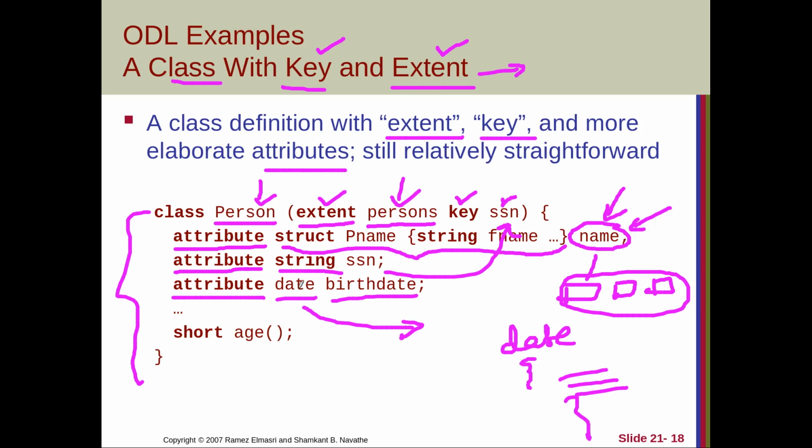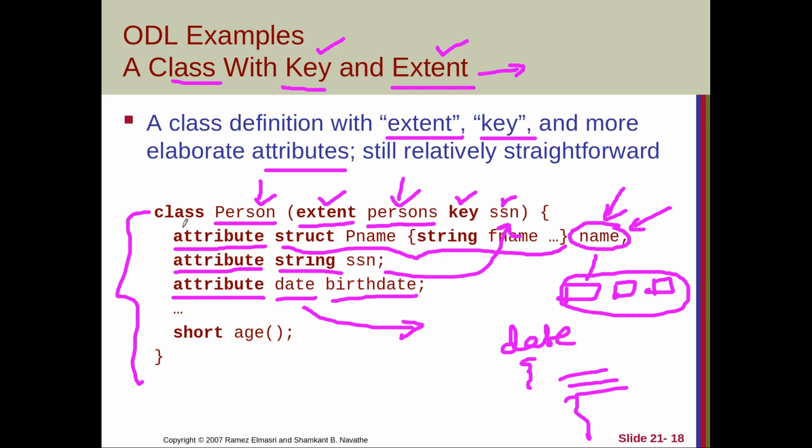So any data type, like in C++ we can use a class name as the data type of an element. An integer, a built-in type, can be considered as a data type. Similarly, here also we can consider some class name as the type of the attribute.